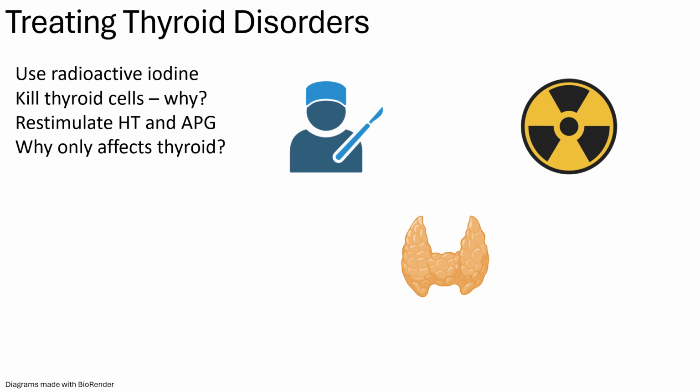Treatment for hypothyroidism involves thyroid hormone replacement therapy. I believe the drug is called Synthroid, which is a synthetic version of thyroid hormone. I've heard some people say that Synthroid has a lot of side effects for them or doesn't work, and I've heard some people say that the natural version of the drug is a little bit better for them.